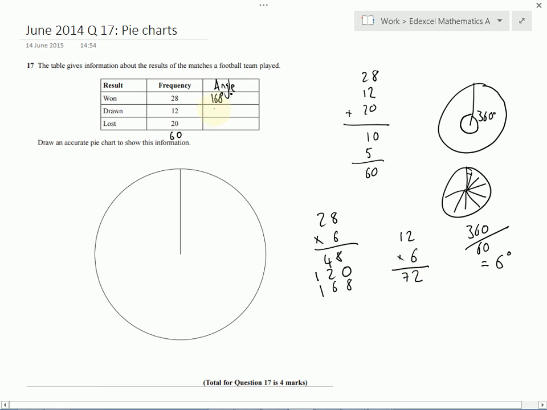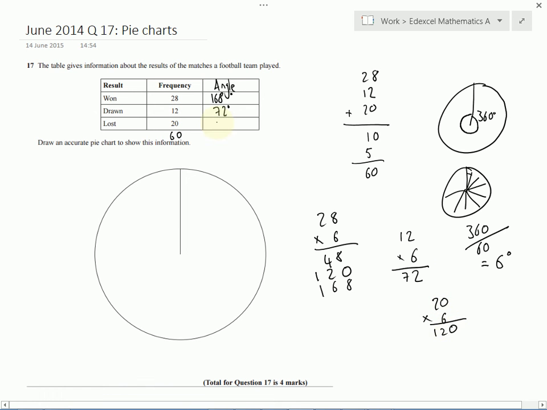And I would hope that all of these numbers add up to 360, because that's going to be our complete circle, our complete pie. So you could either do 360 minus 168 minus 72 for the answer here, or let's just do 20 times 6. So 20 times 6 is 120.